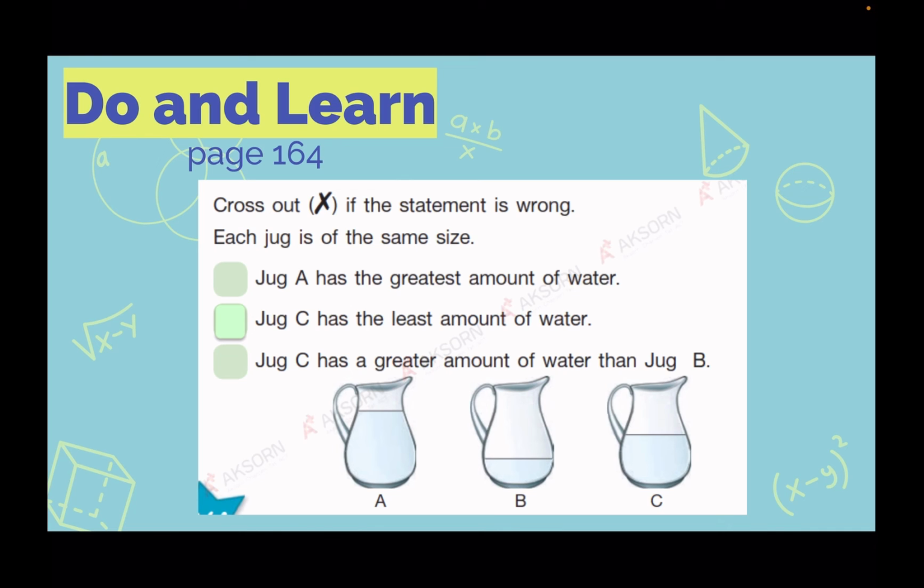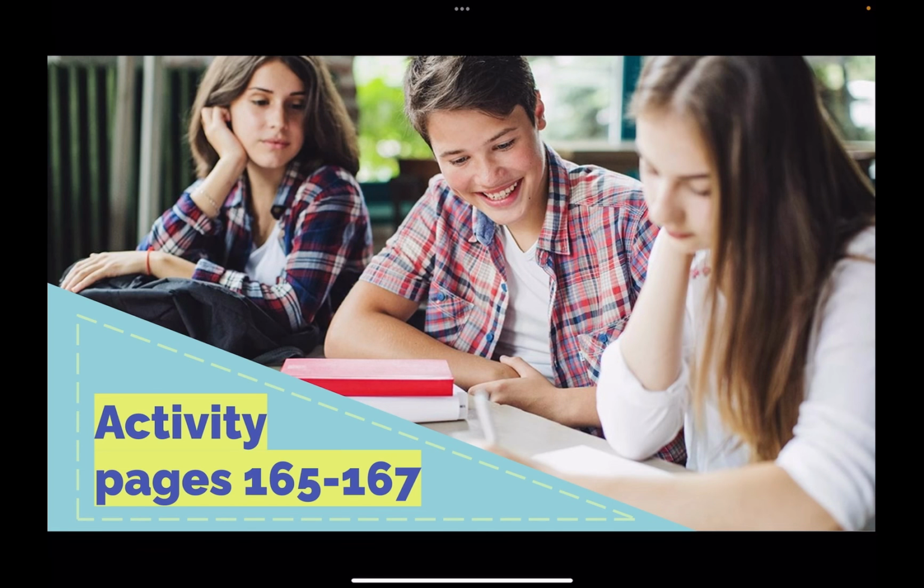Okay, so now the next statement: jug C has a greater amount of water than jug B. Look at jug C. Does jug C have a greater amount of water than jug B? Yes or no? So which one has the wrong statement? It is jug C. Good job.